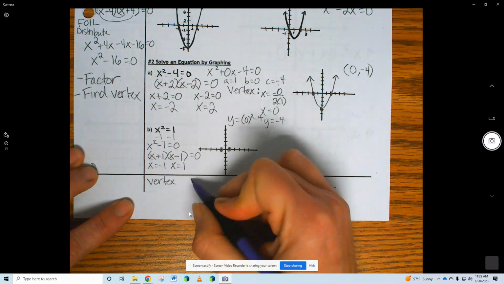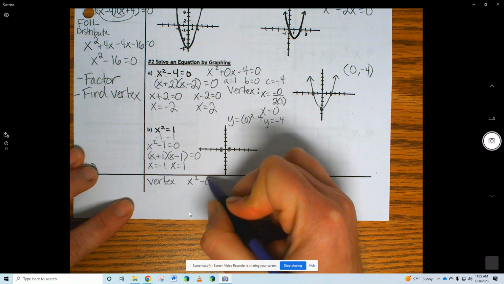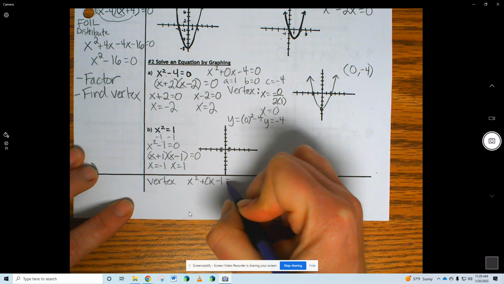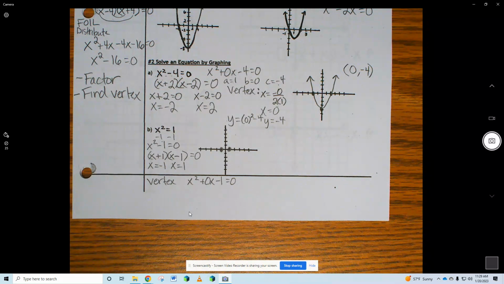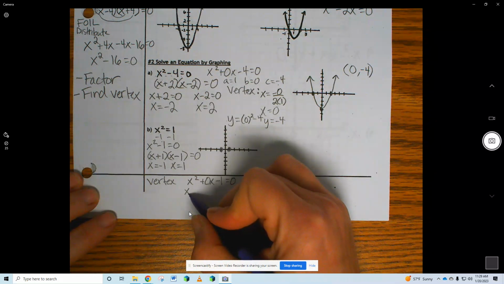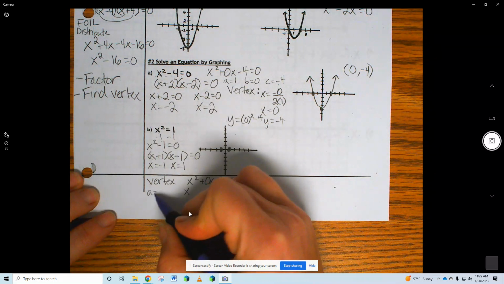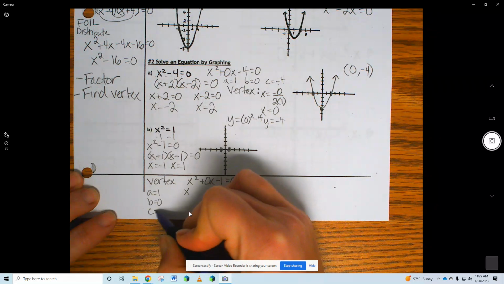So here's my equation. X squared plus 0x minus 1 equals 0. There's no middle term. Again, x equals -b over 2a. A is 1, b is 0, c is -1.